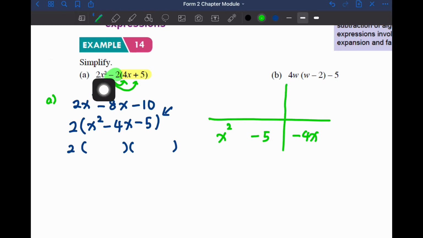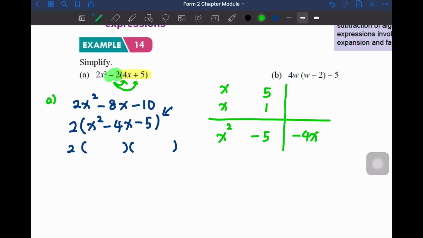What two things, when you multiply, you get x squared? It is x times x. Next look at this number 5. You can ignore the symbol first. Boleh abaikan dulu simbol dia. Tengok 5, apa nombor yang darab dapat 5? So 5 darab 1.